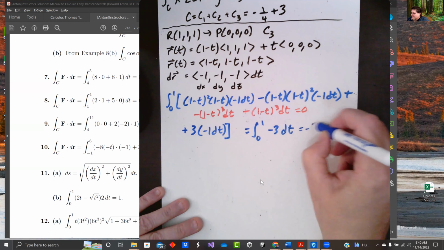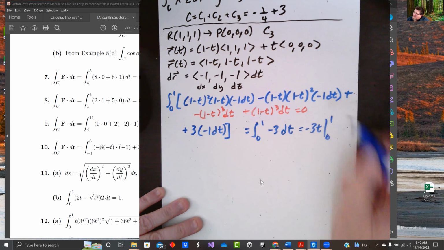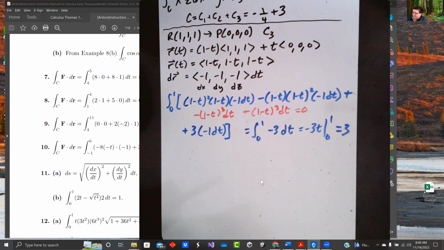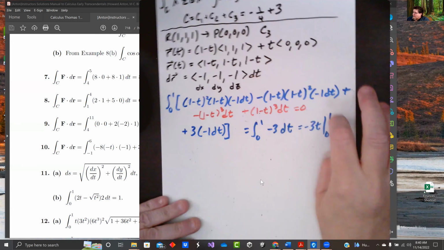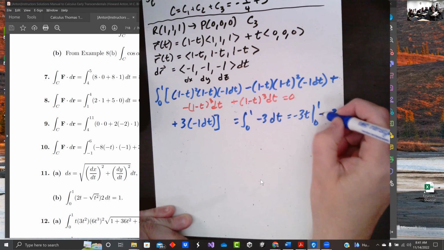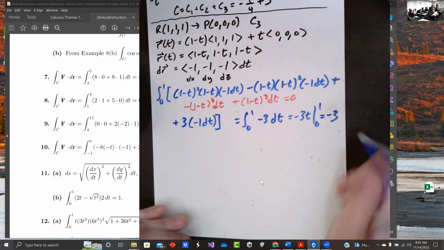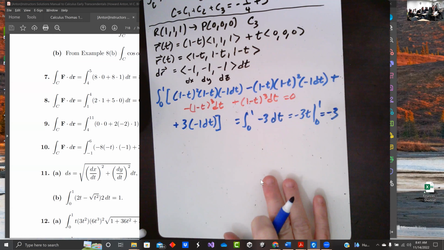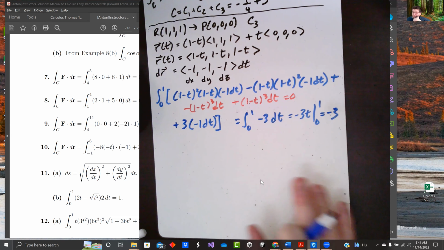So I got -3t from 0 to 1, which is -3. It might help if you put a negative before it. I might not comment on it if I didn't think you might just put 3 in your answer anyway.